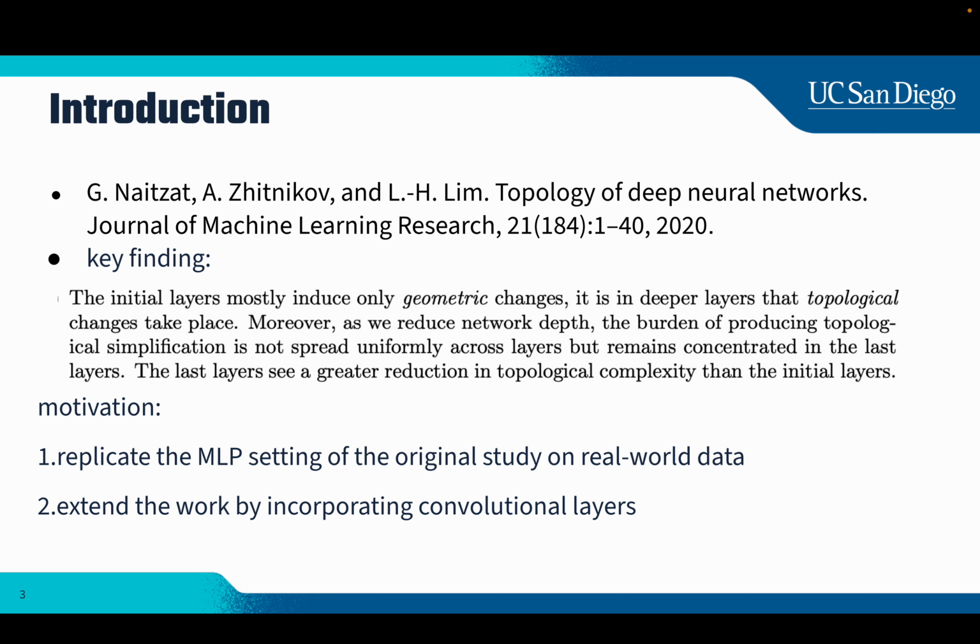Our project builds on the 2020 paper Topology of Deep Neural Networks by Knight, published in the Journal of Machine Learning Research. In that study, the authors examined the persistent homology of various neural network architectures and drew conclusions about how activation functions, network depth, and width affect topological simplification.